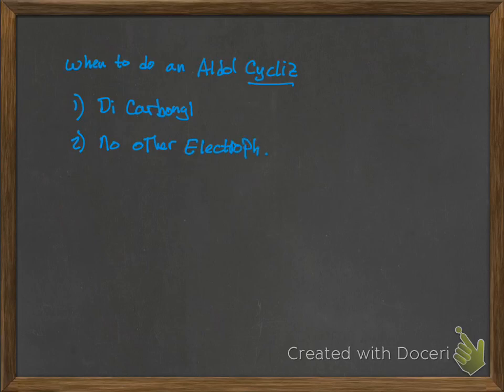All right? These are the 2 times that you should think about this. If I haven't given you another electrophile to play with, then you need to be doing this.